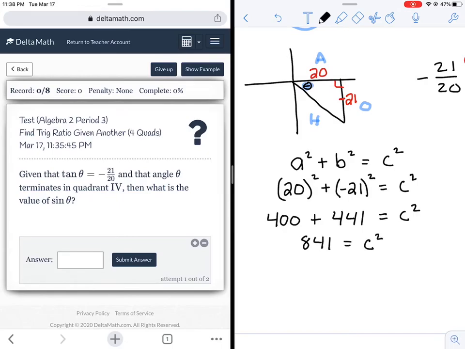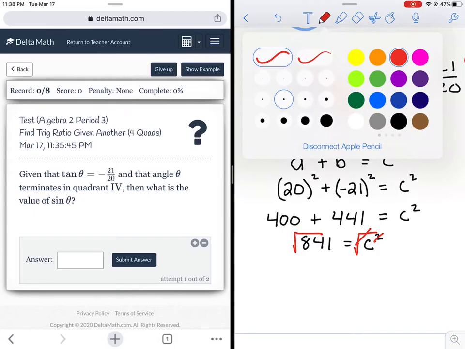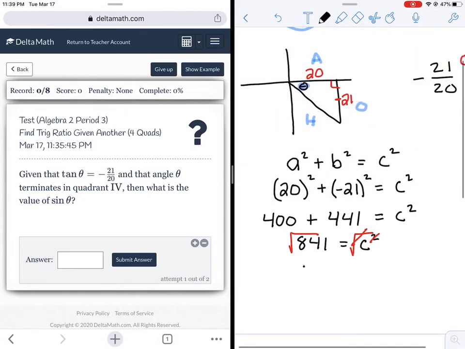I don't want c squared, I want just c, so I'm going to take the square root. That cancels out your squared, and the square root of this gives me 29. So 29 equals c.